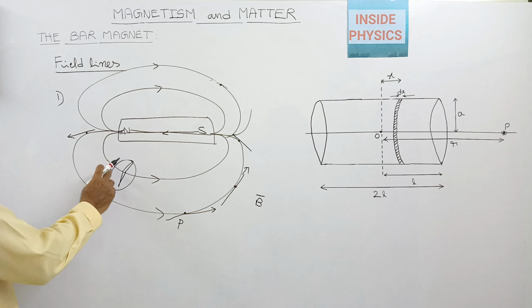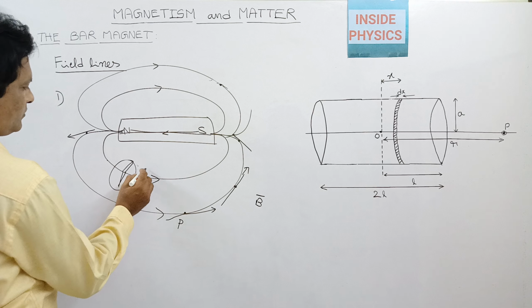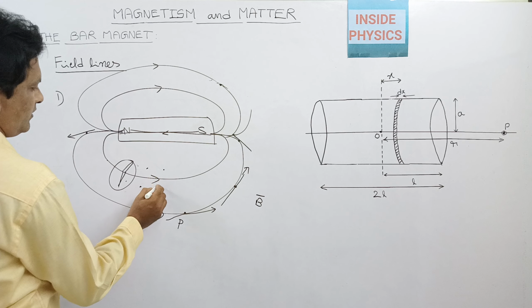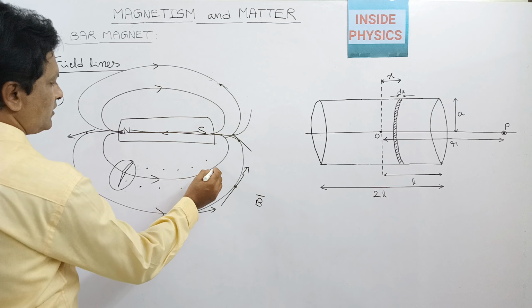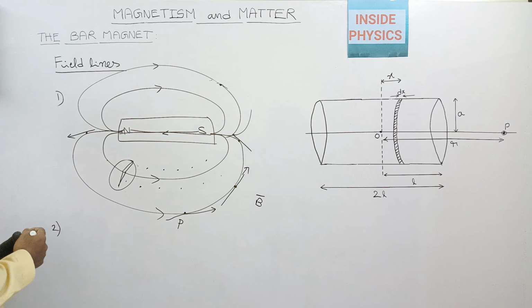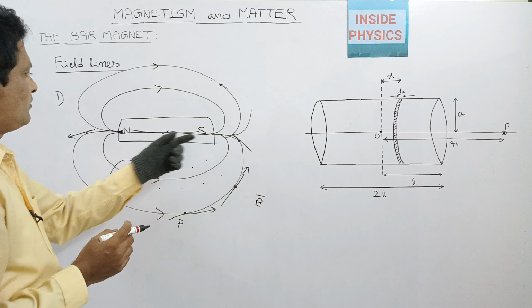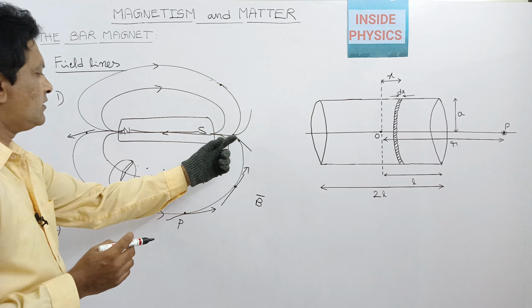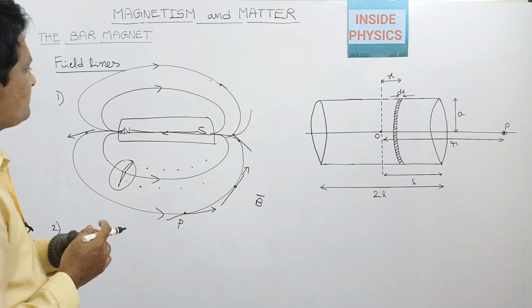If you analyze the orientations, north and south, at all these points and draw a magnetic field line, it will look like this, what we have drawn. The lines make a path like this.